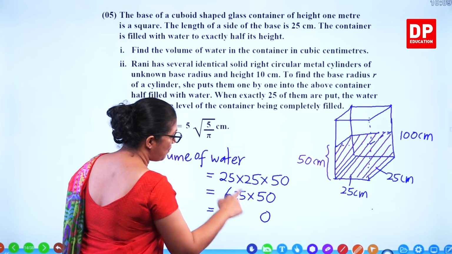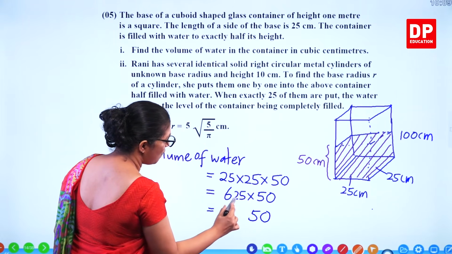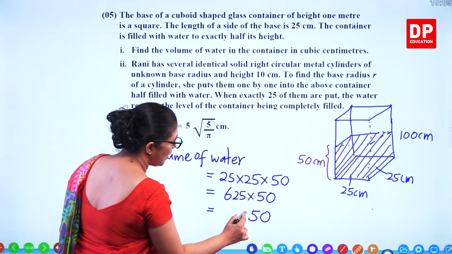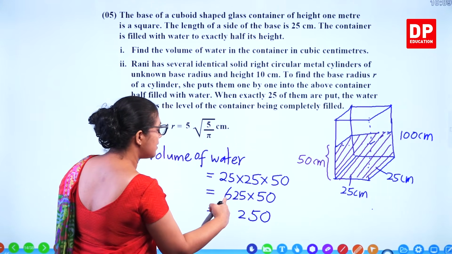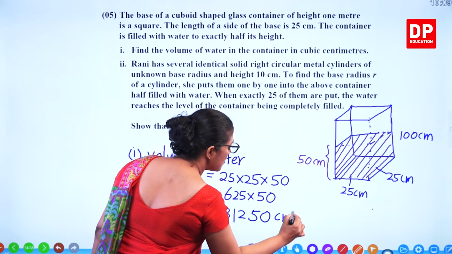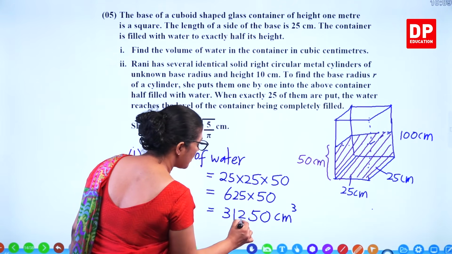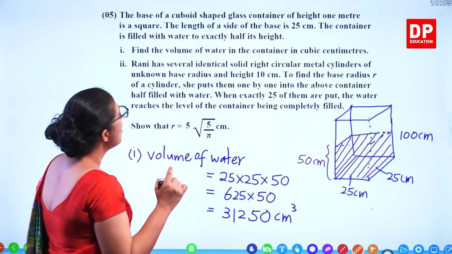Put a 0 and multiply by 5. 5 times 5, 25 and 5 times 2, 10 plus 2, 12. And 1 remaining, 30, 31. This is in cubic centimeters. So what's the value? 31,250 cubic centimeters is the volume.